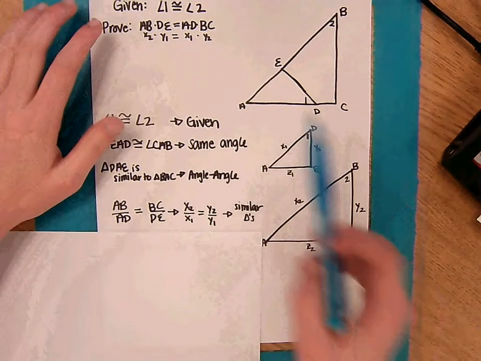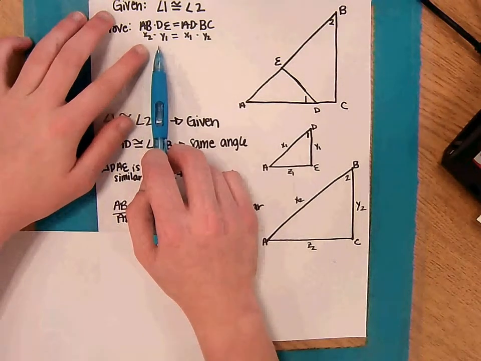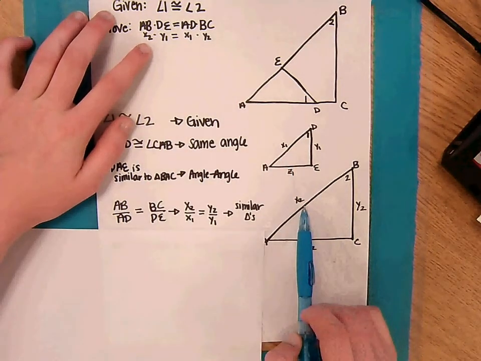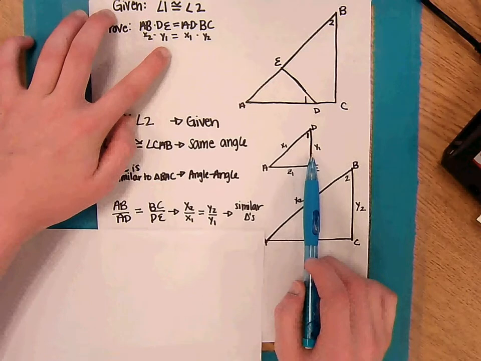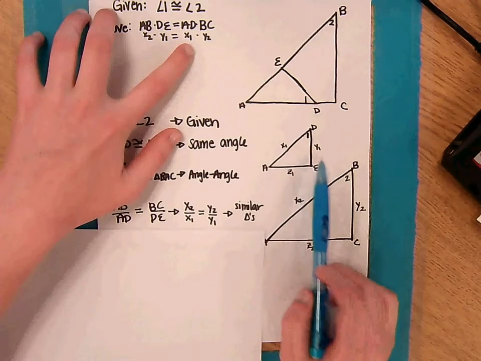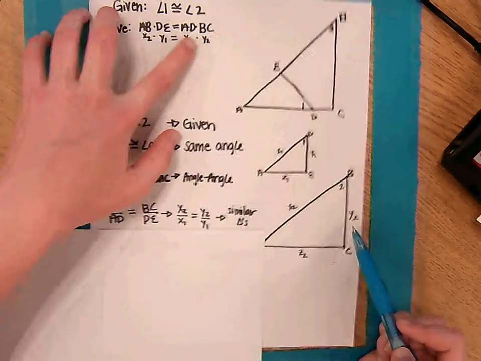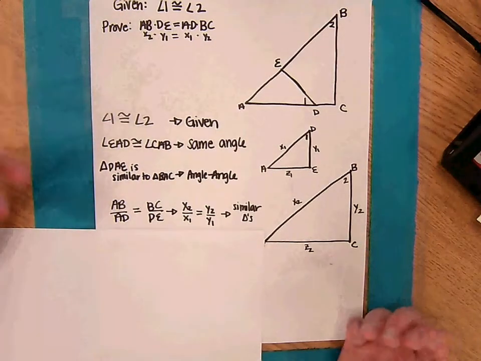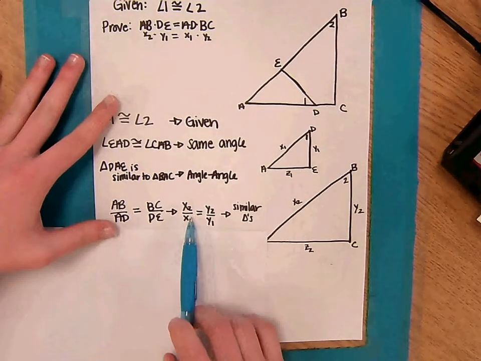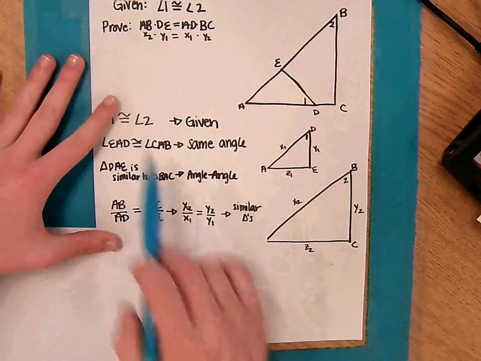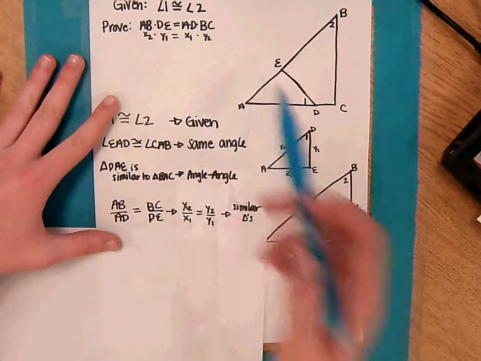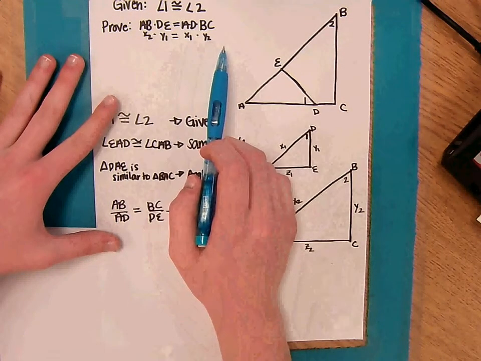And up here I wrote in x2 times x1 because this is x2, AB, and y1 right here. AD is x1 and BC is y2. So then I knew I was going to need the x's and the y's. So then I saw x2 over x1 because x2 is over here and x1 is over here. Y2 over y1, y2 is over here and y1 is over there.